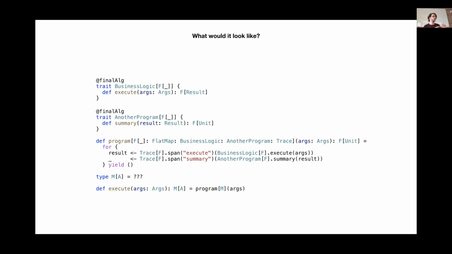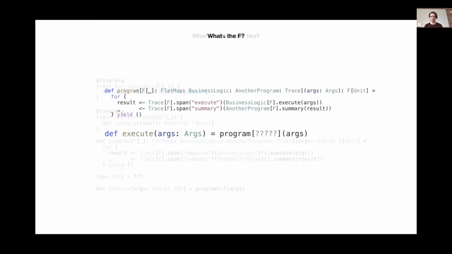Like, it should be obvious from this code that this execute span or the summary span needs to be created as a child of whatever span you're in right now. So if only we could come up with an effect that's also a monad and provides this kind of capability of wrapping blocks of code in some sort of local state, then this would work. So is there something like that?